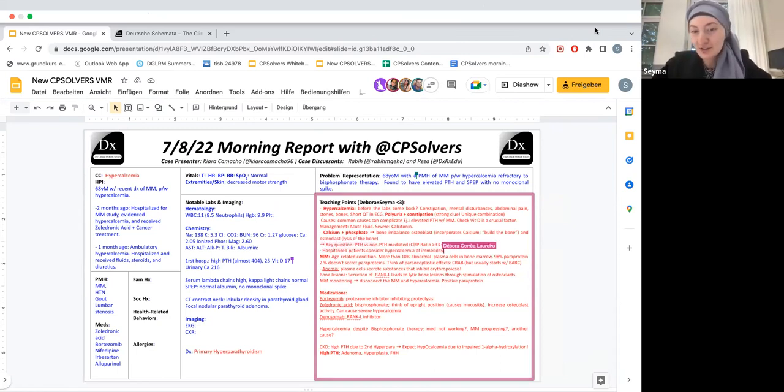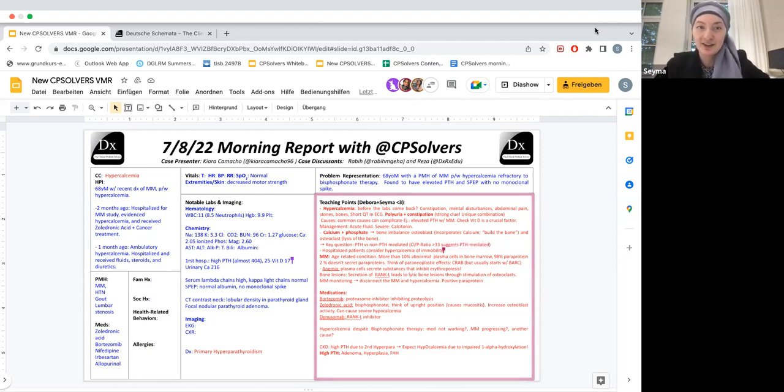So we have the chief complaint of hypercalcemia, which was also the chief complaint last Friday. As we know, the unique combination of polyuria and constipation should let you think of hypercalcemia. We also talked about the short QT interval on the EKG, and the pathophysiology of osteoblasts and osteoclasts.